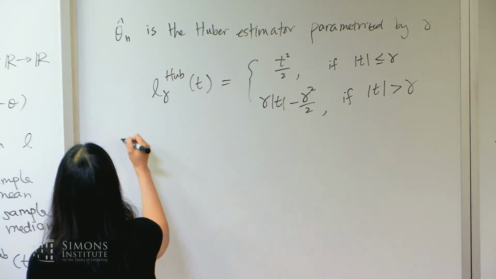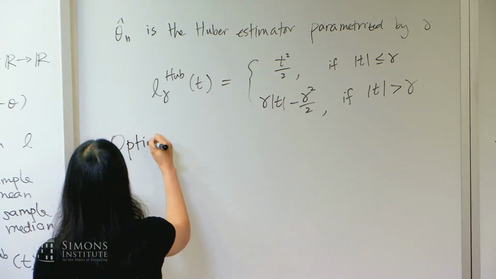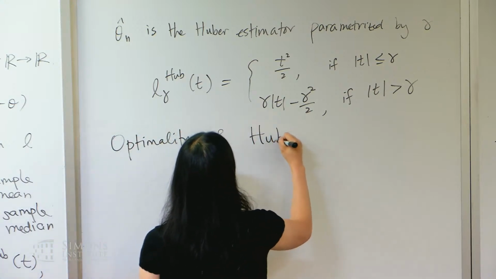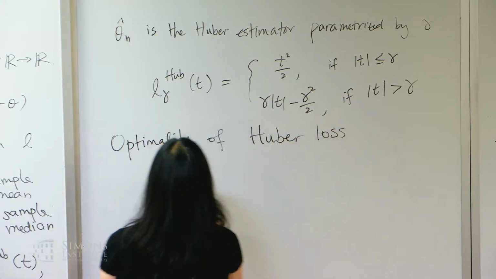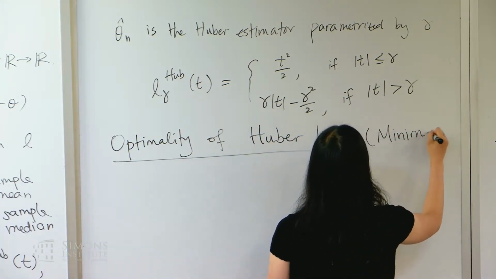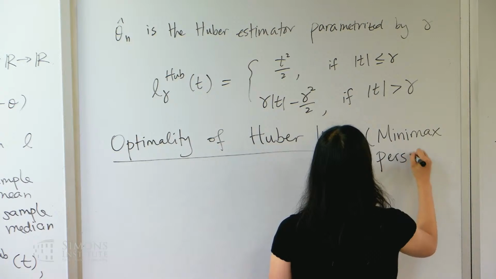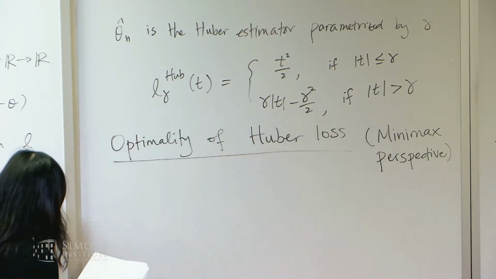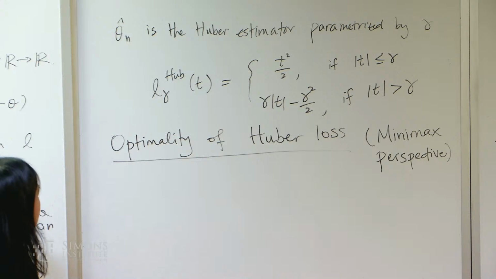Okay, so now we'll talk about optimality of Huber loss, and we'll put in another nice buzzword, the minimax perspective. Let's pause for a moment.